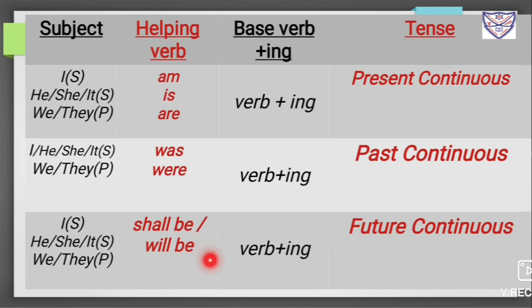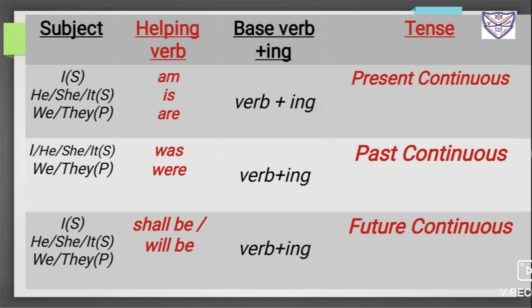Now with shall be and will be, after them we will add base verb plus ing to get the future continuous tense form. Am, is and are before the base verb, and then we add ing to it, we get present continuous tense.